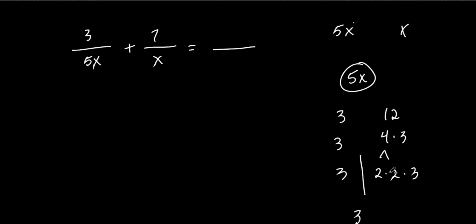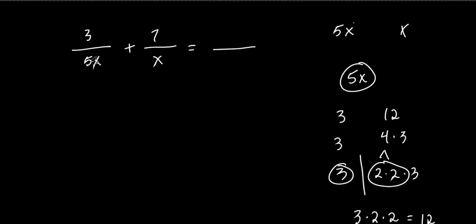It shows up twice, so I pick what? 2 times 2. Everybody see that? I pick one of the 3s, and I pick both of the 2s. Then you multiply them together. What is that? That's 12. So what's my common denominator with 3 and 12? It's 12.